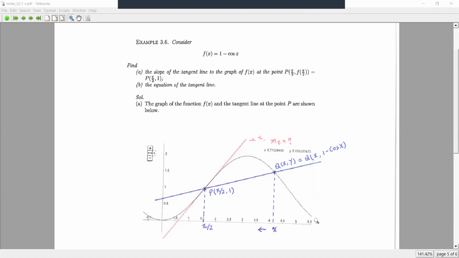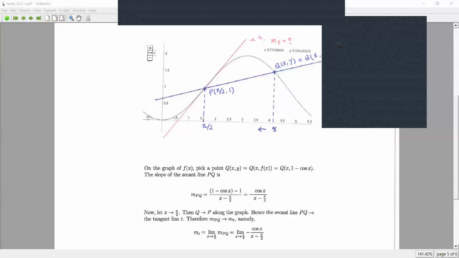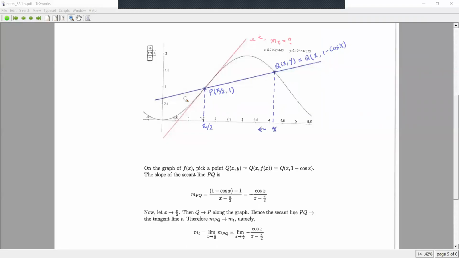On the graph of the function, arbitrarily pick a point, point Q. Because point Q is on the graph of the function, the y coordinate must be the function value, the function at x. Function at x is 1 minus cosine of x. So this y is 1 minus cosine of x. Now, join P and Q with a line. About this line, we can write down its slope because we know 2 points, P and Q, on the line.